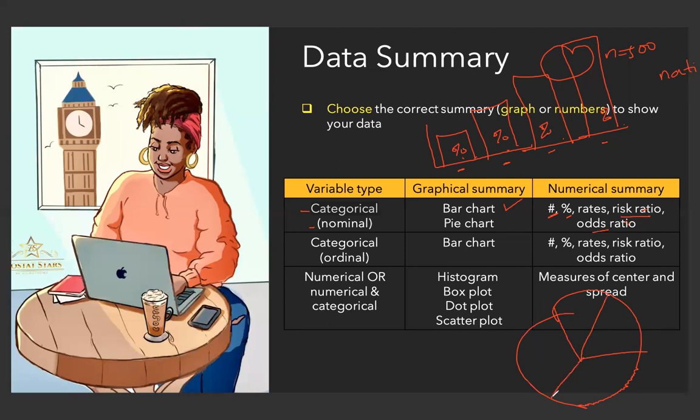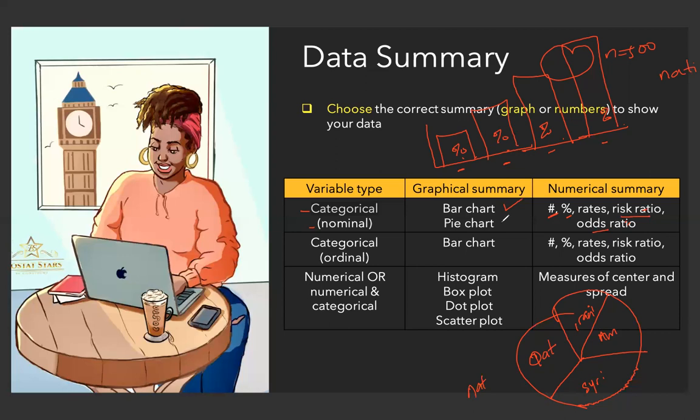So if this whole is nationality, right? Now we can tell you, for example, these are Qataris, right? These are Iranians, right? These are Americans, and these are Syrians, right? So this is what a pie chart looks like. Like it tells you what are the components of the different wholes that we have, right?